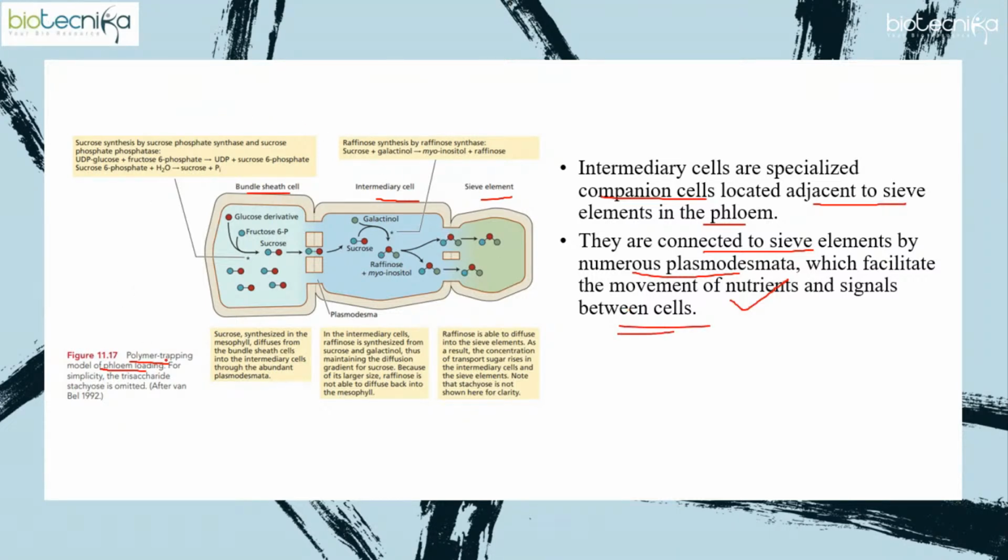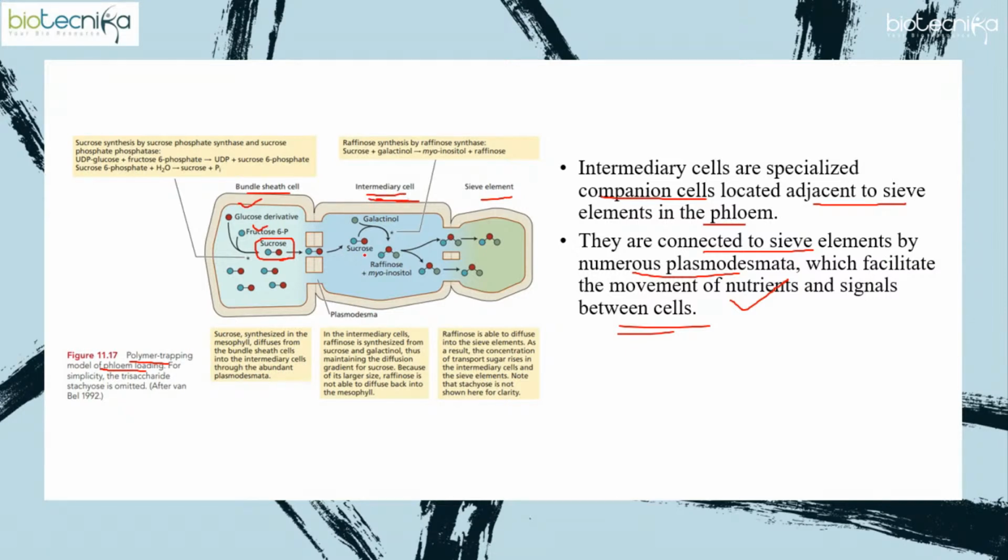So what happens here is we have the sucrose molecule constructed in the bundle sheath cell. Sucrose is constructed by a combination of glucose and fructose. Right? Glucose and fructose combine together giving rise to sucrose. Then from here, through plasmodesmata, they will be released into the intermediary cells.